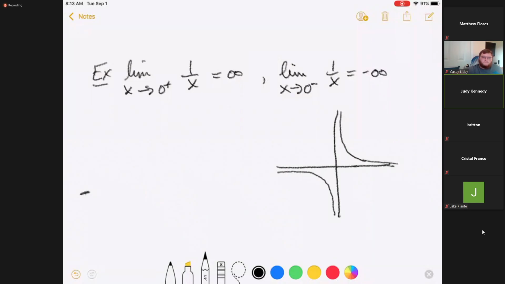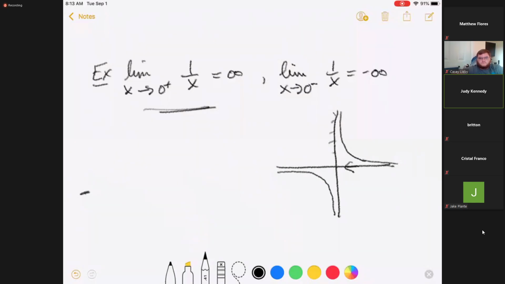So coming in from the right, your f values are getting larger and larger and larger. So you get that the limit as x approaches 0 from the right of 1 over x is infinity.